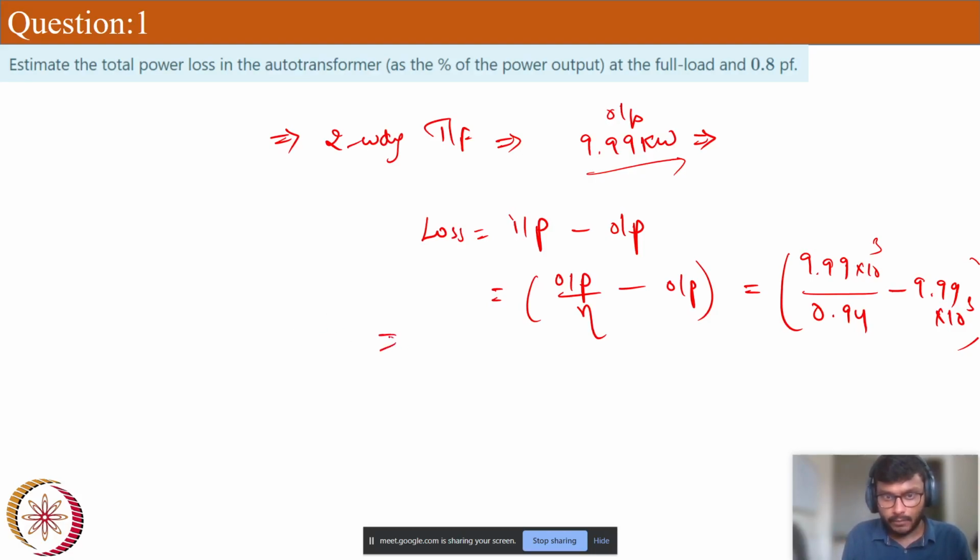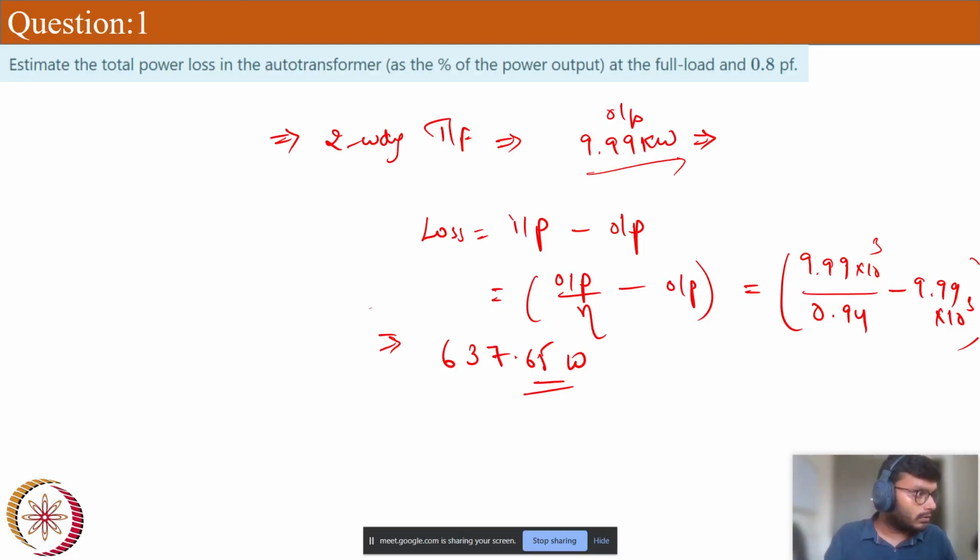Let me quickly calculate that as well. So I'm having around 637.65 watts as my loss.